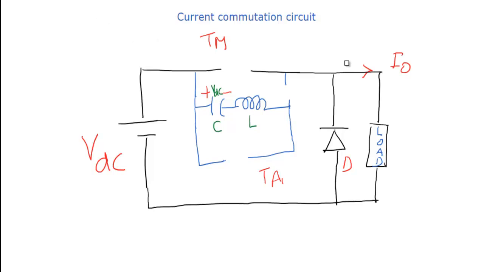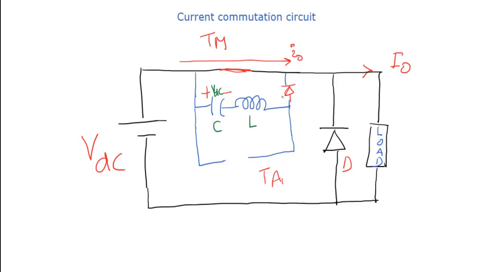Now assume we need to supply power to the load from the source. In that case, we turn on the main thyristor. If you turn on the main thyristor, it will act as a short circuit. That means it will carry the load current supplied by the source, I0, a constant current. The diode is connected like this, which will not allow the reverse current.